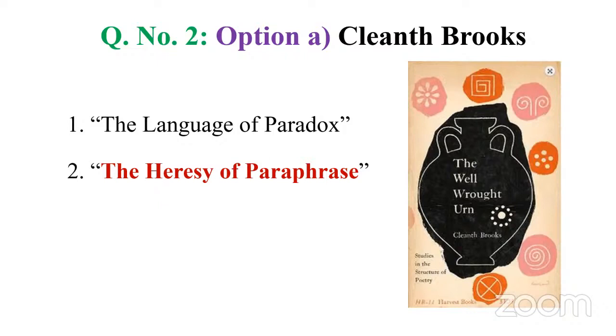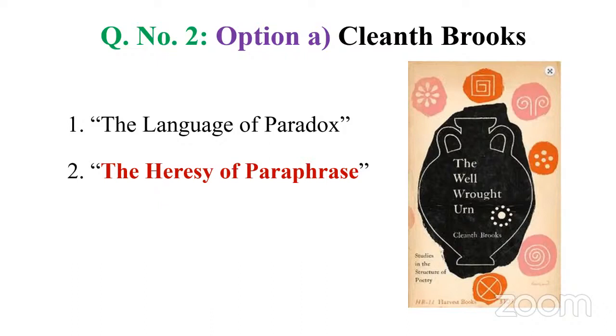Similarly, this time we got this question from the essay The Heresy of Paraphrase. If you're aware of this title, then that question is a simple one. And what is the crux of this essay? Simple. An artistic work cannot be paraphrased.